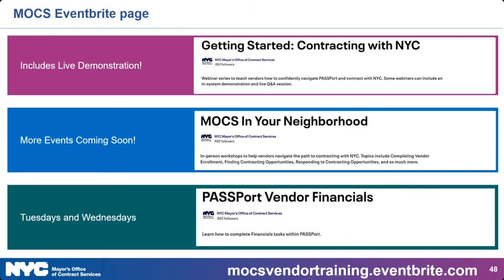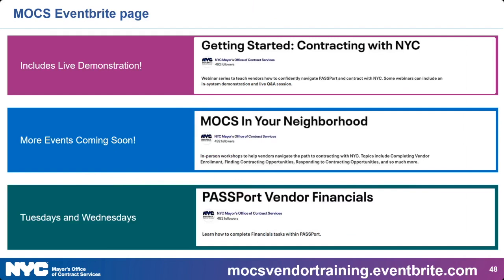We host several free trainings and events to help organizations to do business with New York City. Visit mocsvendortraining.eventbrite.com to learn more and register for our upcoming events. Follow us to stay up to date on our events.